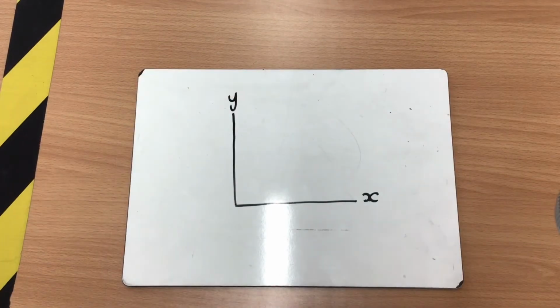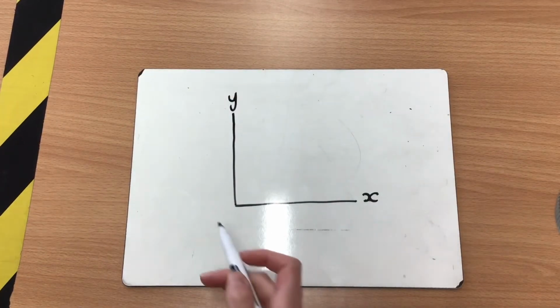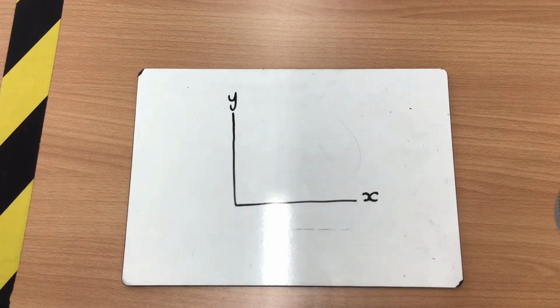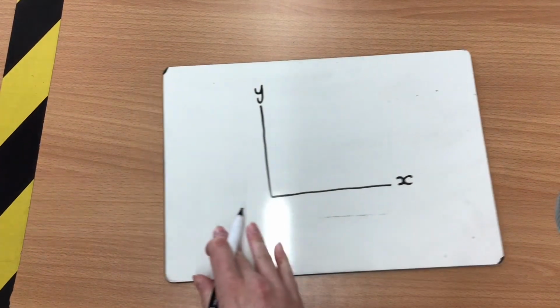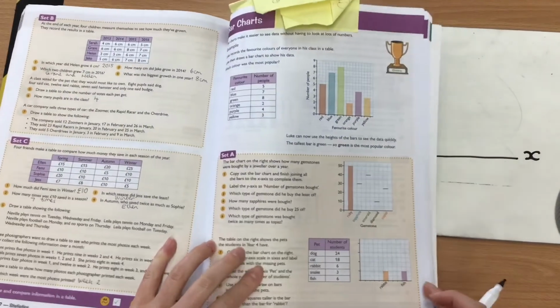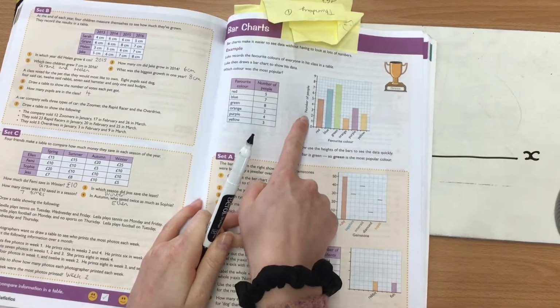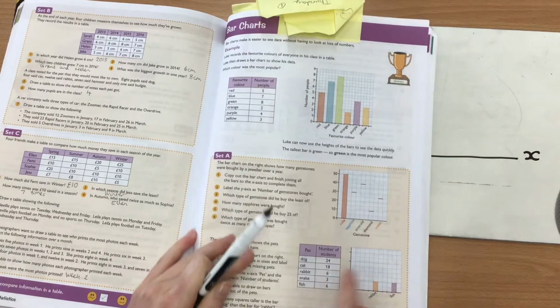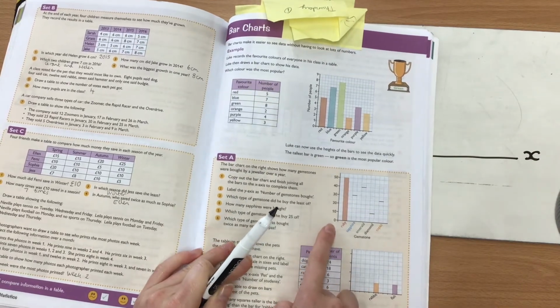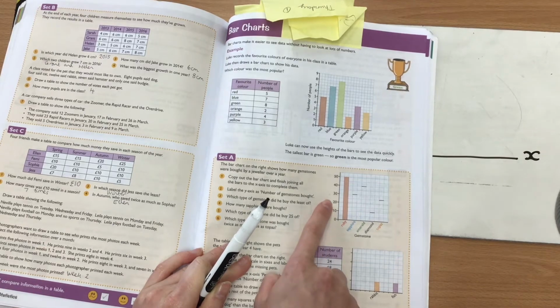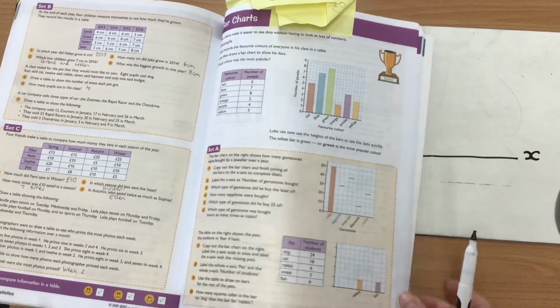Another trick that you need to remember is that on our y-axis we have a scale. All this is is what numbers we are going to go up in. If you have a look at our examples, here our scale is 1 because it goes 1, 2, 3, 4 and so on. Here our scale goes up in tens, so we've got 0, 10, 20, 30.